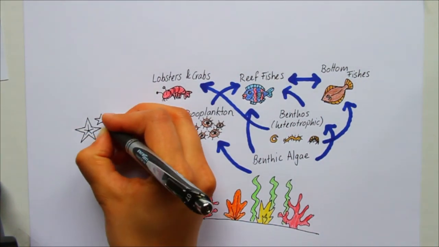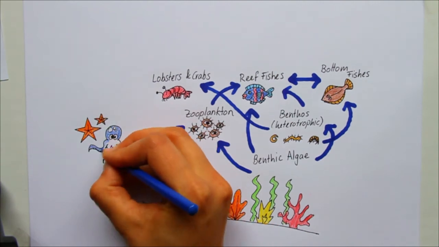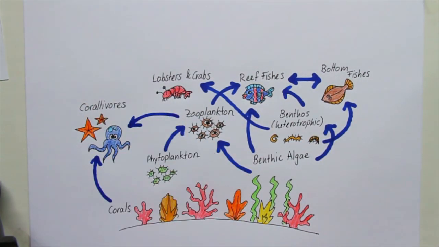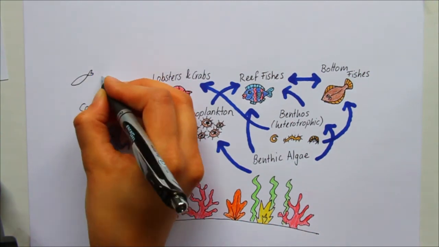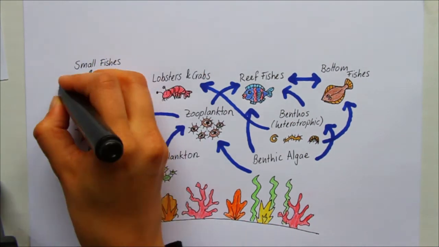Some organisms feed on the coral polyps. Prominent examples of such corallivores are starfishes and even some squids. Other species are rather visitors than permanent residents, like herrings or other small coastal fish.